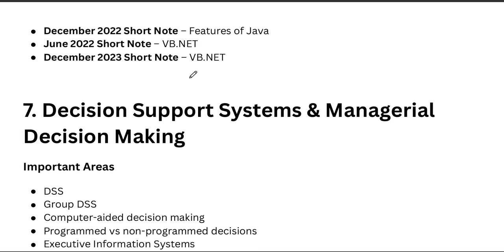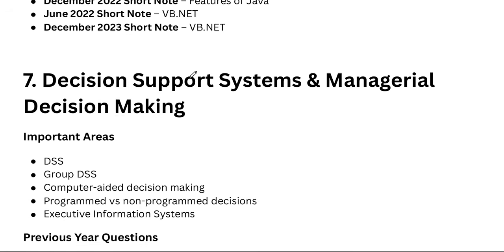So the next topic is decision support systems and managerial decision making. Another important topic, because this deals with outsourcing information systems and DSS.